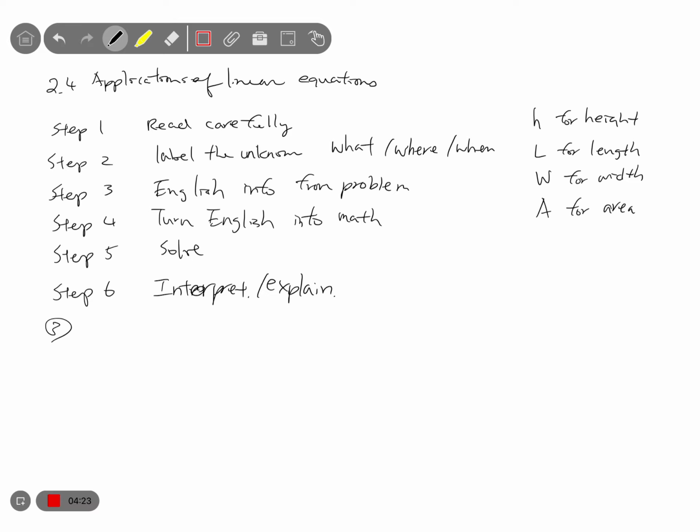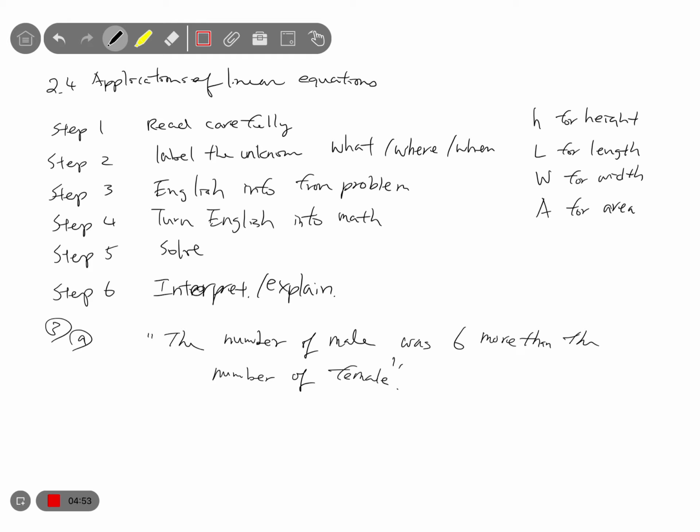Okay, so in this case, what we want to pay attention to is this sentence right here: the number of male students was 6 more than the number of female.